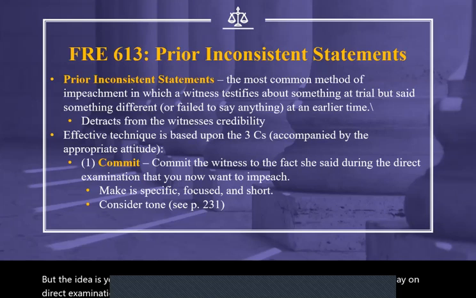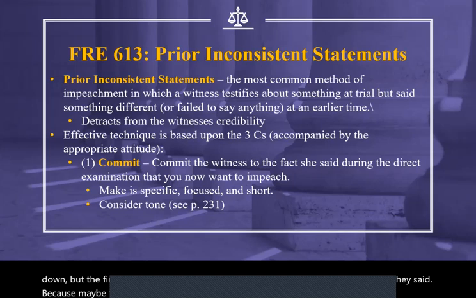And then you go into the oath, the truth, the whole truth, and so forth. Do you remember giving a prior statement in this case? Right? And then you start to tear them down. The first thing to do is make sure that you commit them to the thing that they said, because maybe they misspoke. It happens all the time.